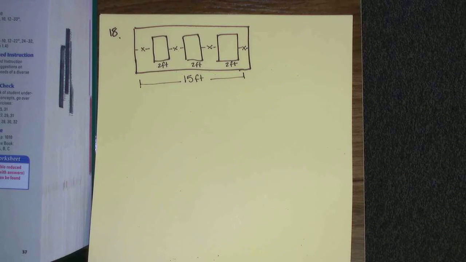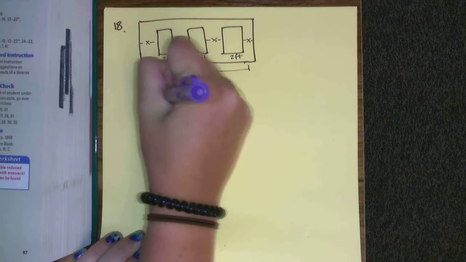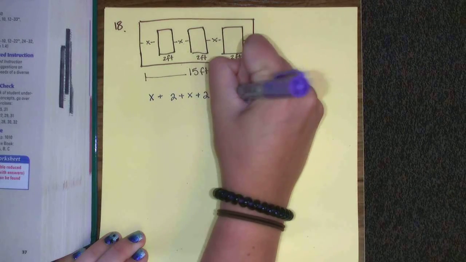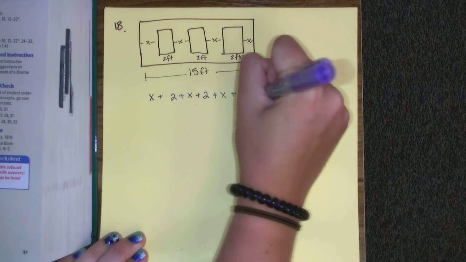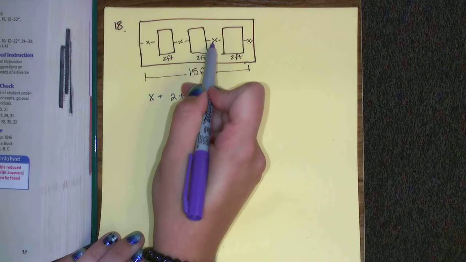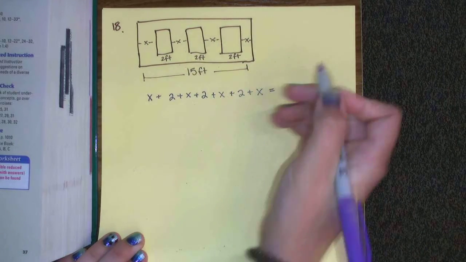I think we can actually go ahead and get through this one. It's actually really, really simple. All you have to do is read the information across. X plus 2 plus X plus 2 plus X plus 2 plus X is equal to this 15.